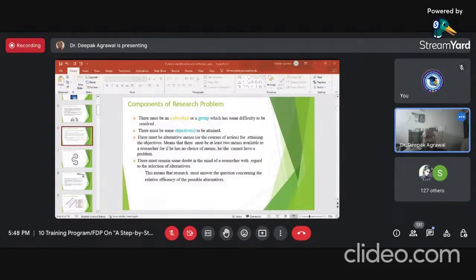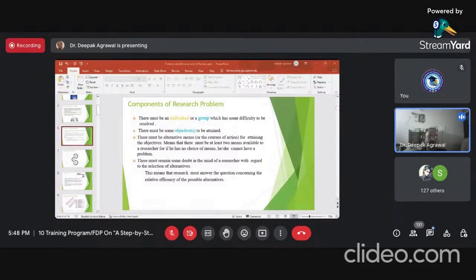Proceeding further, these are the key components of a research problem. There must be an individual or a group facing a difficulty to be resolved. So we can relate the research problem to the subject matter of an individual or a group for which we try to get the answer.